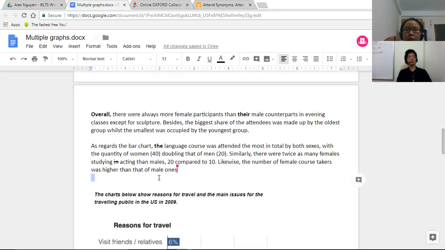You can use the word likewise, and there's a simpler term you can use also. For me, as I read the flow of the essay, I think I can add one sentence with the word also. Like I say, similarly, there were twice as many female students acting than male, 20 compared to 10.